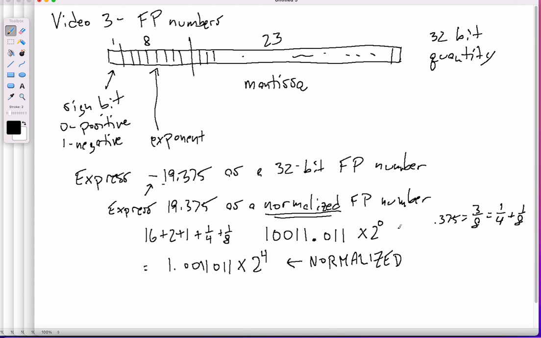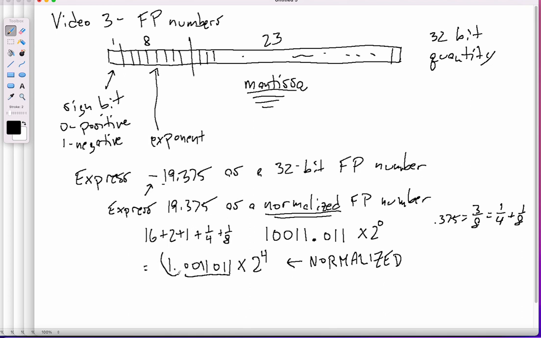Okay? So now the question is how does this fit into the remaining bits up here? Well, it turns out the mantissa is the easy part. The mantissa stores everything to the right of the decimal point. And this is where most people will make mistakes in converting into the 32-bit quantity or interpreting the 32-bit quantity.